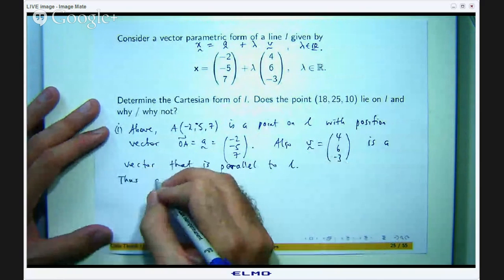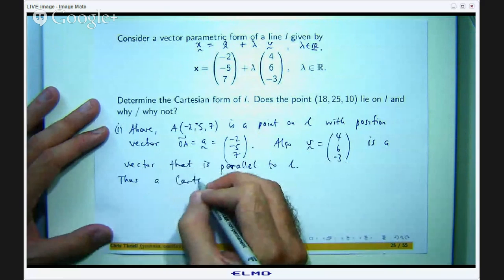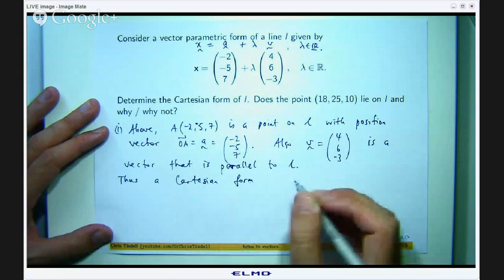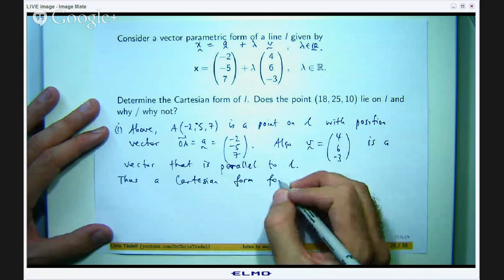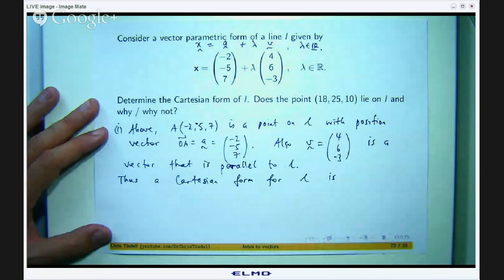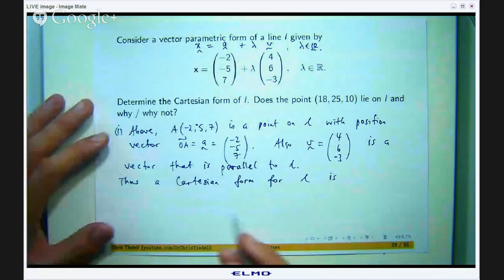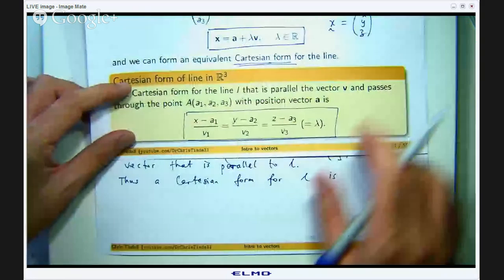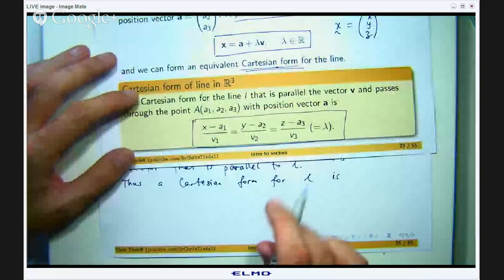Thus, a Cartesian form for L is, well, it's going back to here. Let me see if I can squeeze it in.